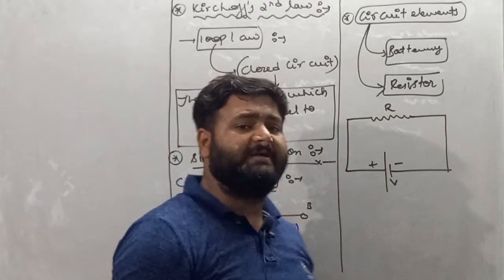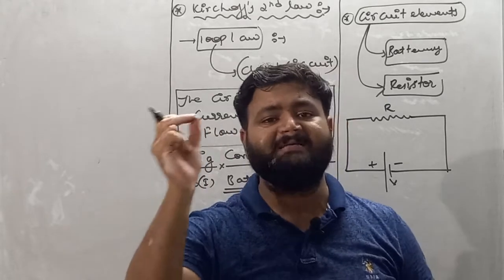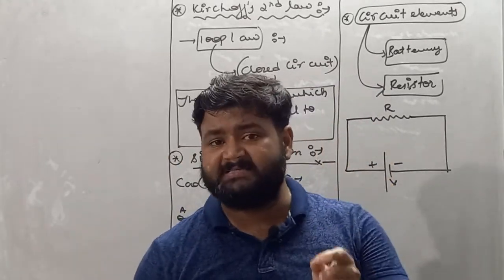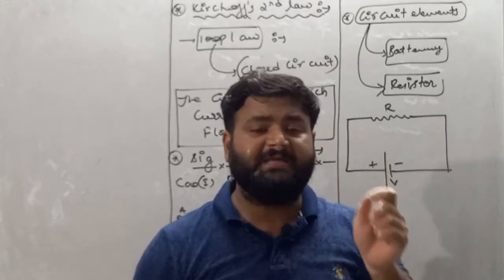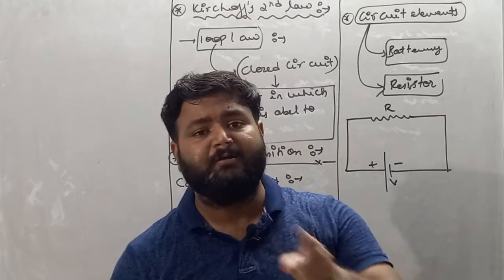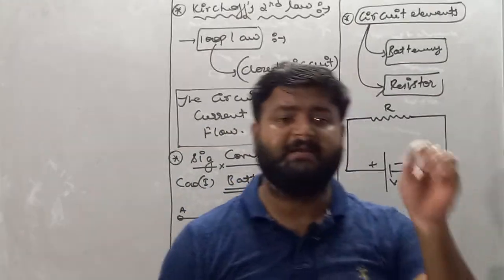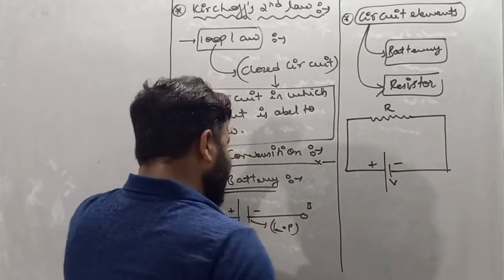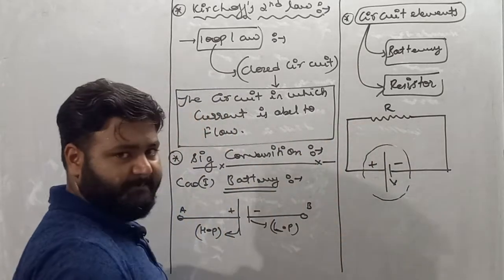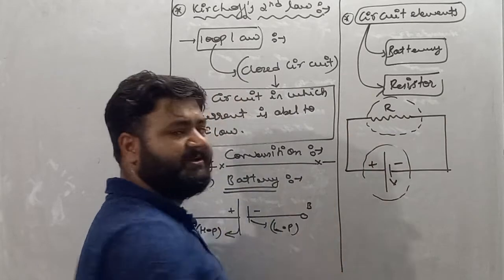Now, my dear student, I am using a sentence like this: for solving the circuit, we'll move in the circuit. So if I'm moving in the circuit, let's suppose a battery comes in front of me, or a resistor comes in front of me.